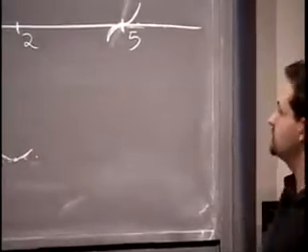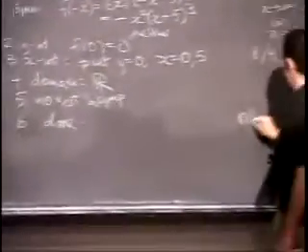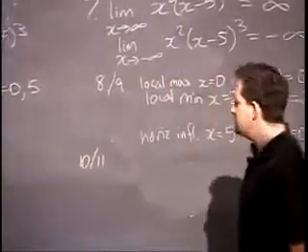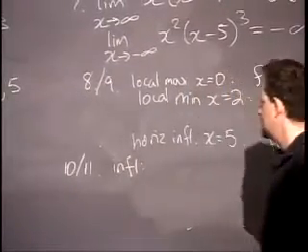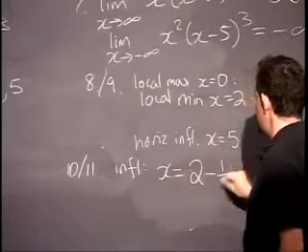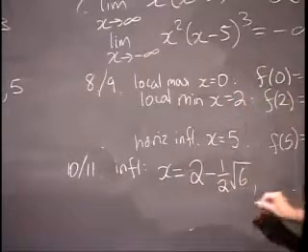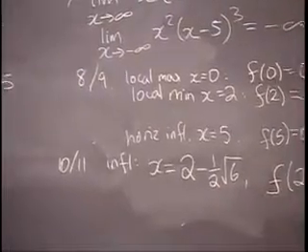There's still a little bit more work to do. We have to come back over here and finish steps 10 and 11. Now, we know that we have inflection points. Well, one inflection point is x equals 2 minus a half root 6. So the question is, what is f of 2 minus a half root 6?